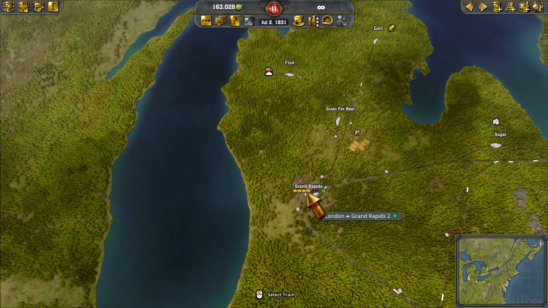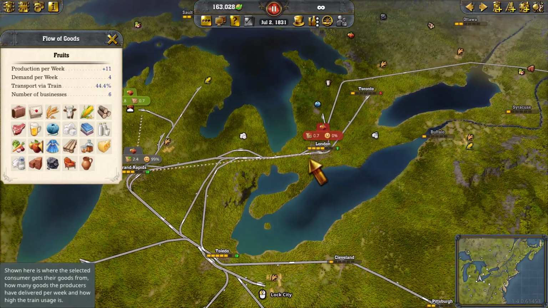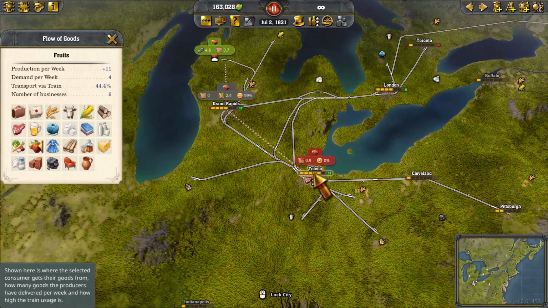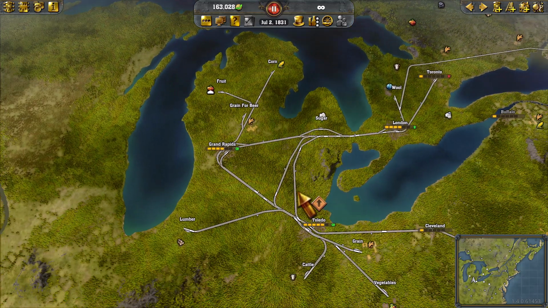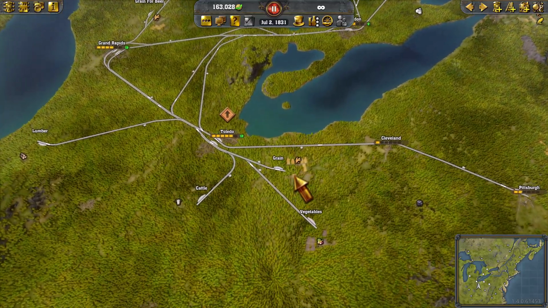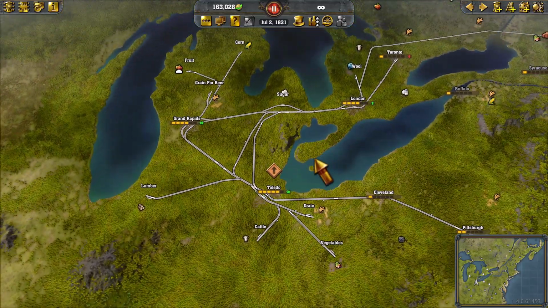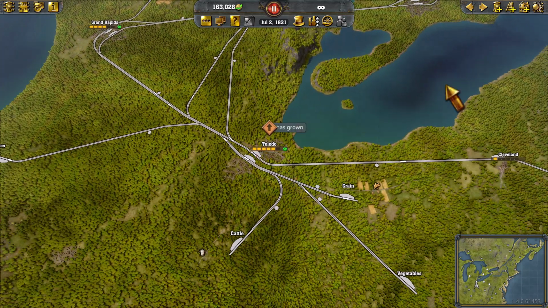Now, if we look at our demand for fruit, we've got 2.4, 3.1. We got about 4, so this is better. But our owner was slow. All the rest of them seem to be doing fine, as far as I can tell. I haven't looked at them in detail, and I don't want to, because one of the points of this is to be able to do this without a ton of micromanagement.